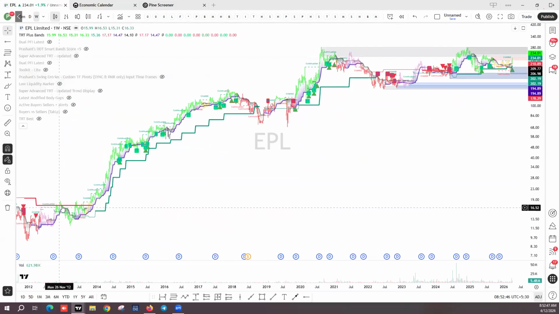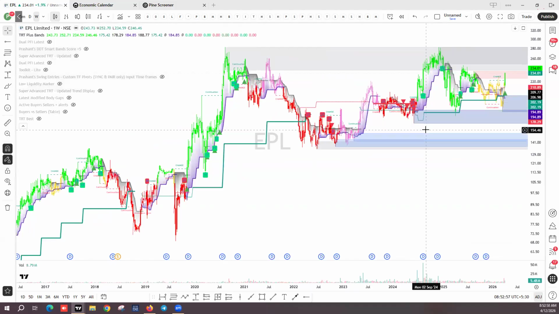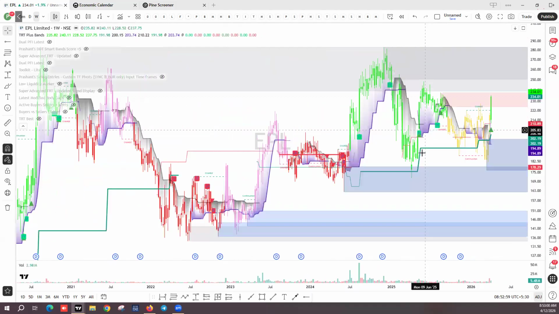When it is below the bearish bias, it gave retracement. When it changed to green above the bearish bias and above bullish bias, it just kept on moving higher and higher. So when you see multiple charts, you will notice what to do in which kind of stocks, or what is the chart telling. Now bias is bullish, momentum is bullish, and bearish bias is absent, or price is above bearish bias.